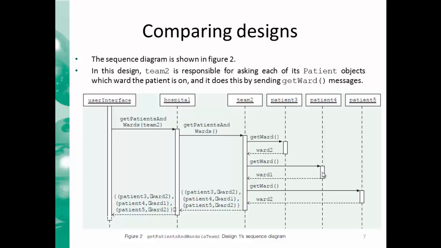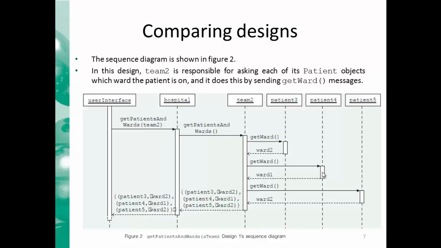Team 2 has patient 3, patient 4, and patient 5. A message will be sent to each of those patients to get from them the name of their ward. They're supposed to know their ward. So team 2 will collect this information, link and map each patient to its ward, and return it to the coordinating object, which will return it to the user interface requesting that service.